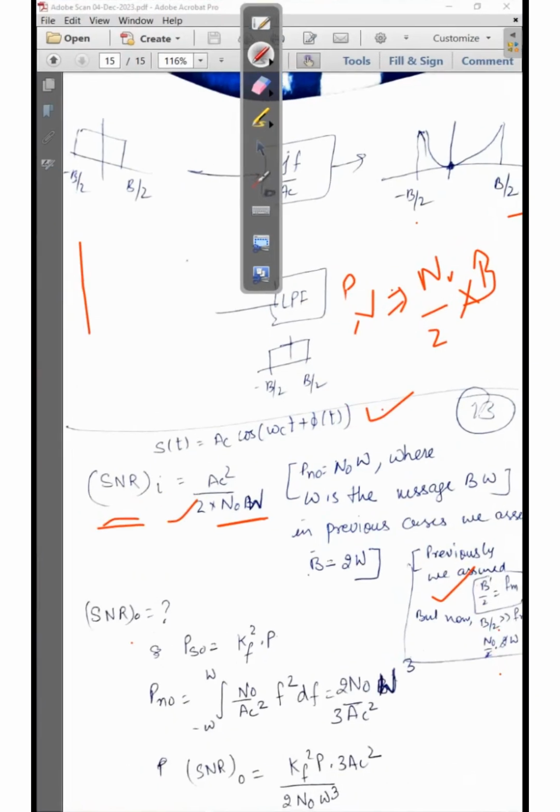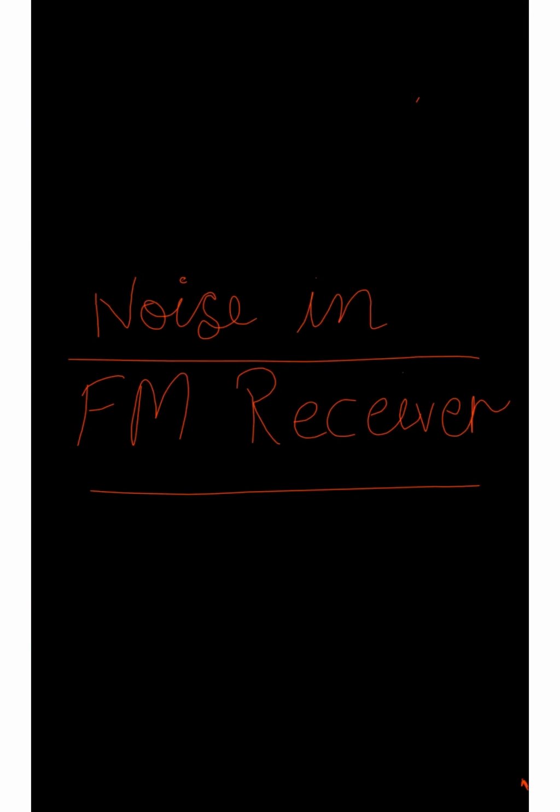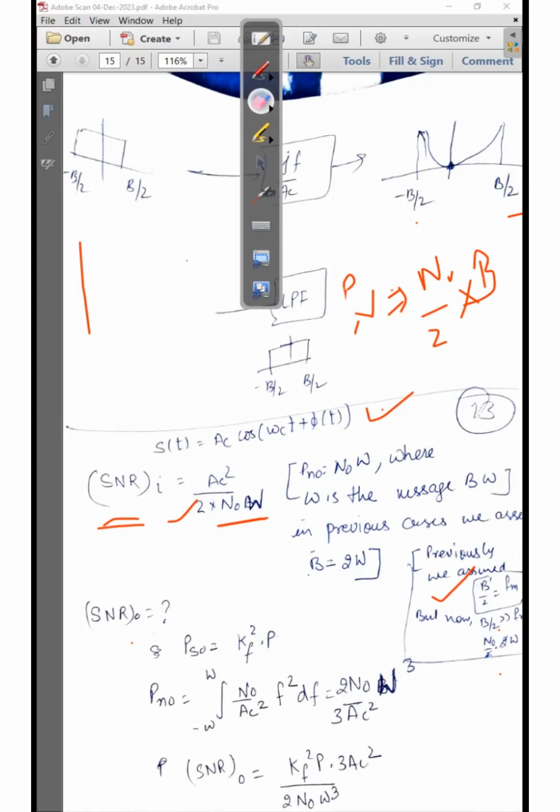Just a minute, I'll show you. Previously what we were doing, we were assuming that my minus b by 2 to b by 2 is my transmission bandwidth and it is equal to fm, right?